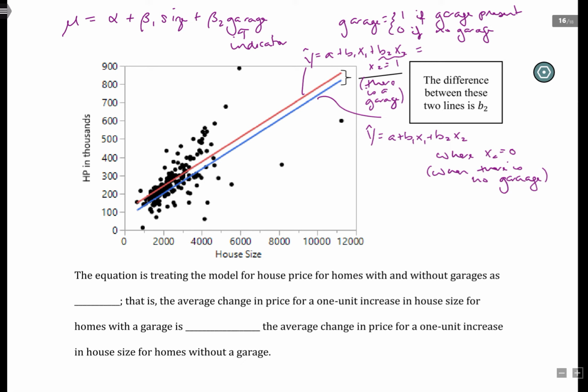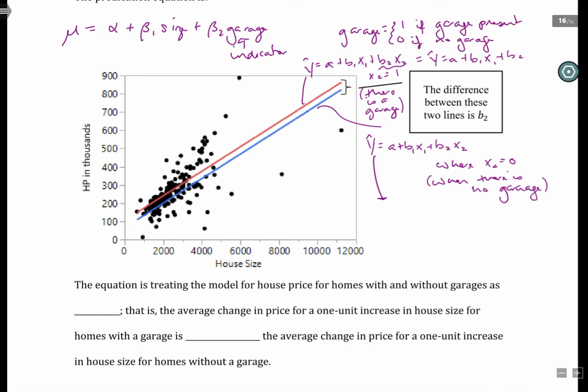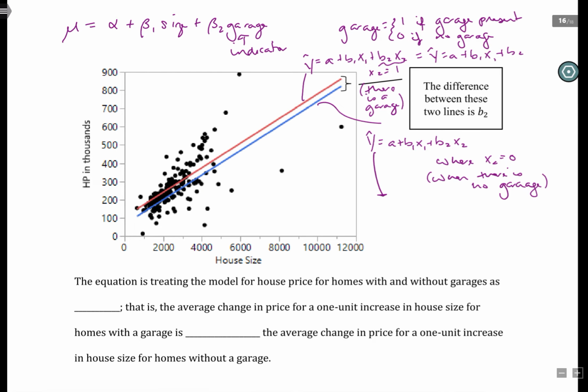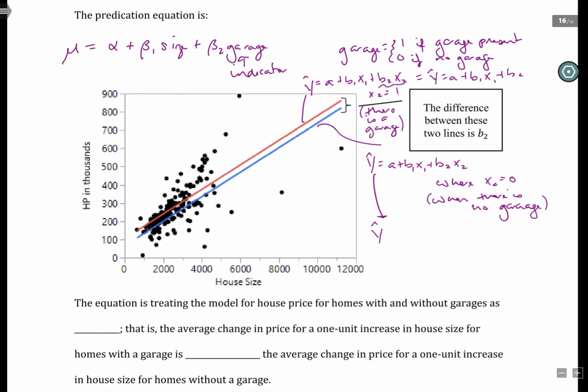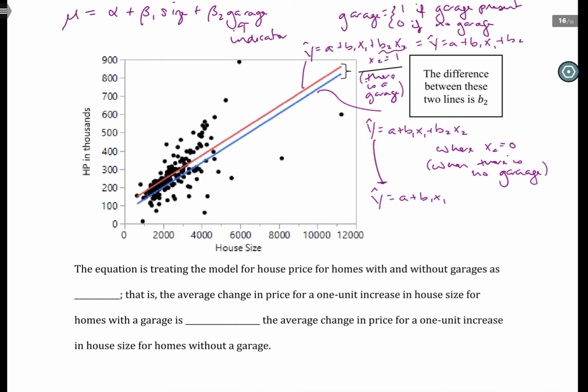So this prediction equation, when there is a garage, becomes y hat equals a plus b1x1 plus b2. And down here, this blue line becomes y hat equals a plus b1x1, because x2 equals 0, so that whole last term goes away. So we can see that the equation treats the model for house price with homes with and without garages as constant.